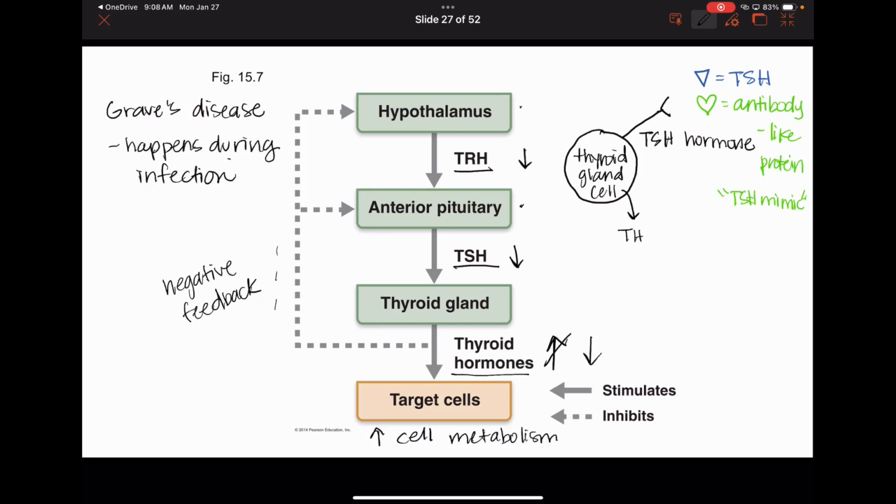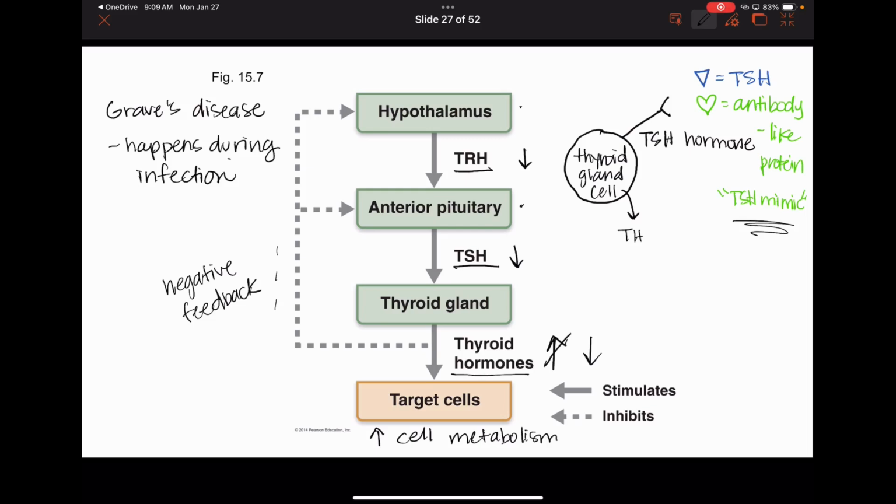One of the more commonly related viruses to Graves' disease is the Epstein-Barr virus that causes mononucleosis. So many times somebody can get the Epstein-Barr virus and it causes their immune system to produce this antibody-like protein. Okay? It's made by the immune system, meant to fight off the virus, but only certain people are more prone to producing this antibody-like protein, so there's a genetic factor to it. So what ends up happening, they get an infection, they produce this antibody-like protein that is just like TSH.